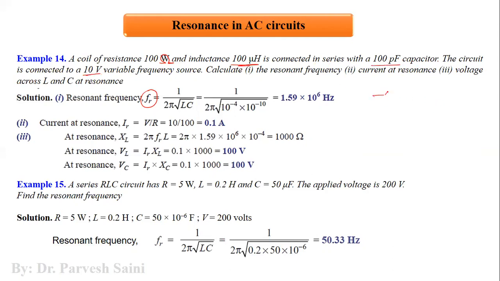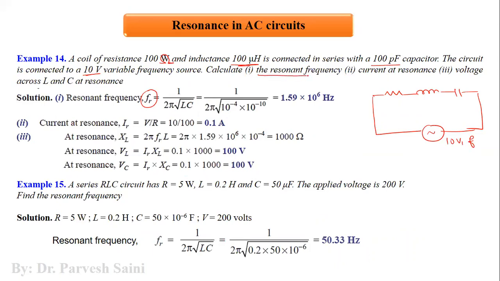So we have a resistance, an inductor, and a capacitor. They are connected in series with one another, and we have an AC voltage source, which is 10 volt, and it has a certain frequency f, which is not given here.